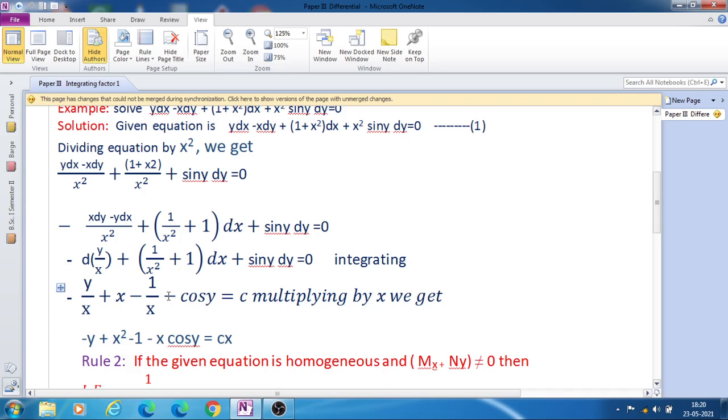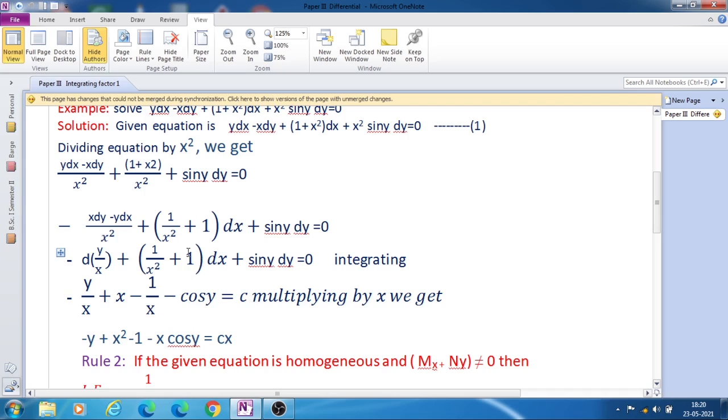So by dividing the equation by x square we get the exact equation. This equation is integrable, meaning it is an exact differential equation. We can solve it, we can integrate it. We divided by x square, that means multiplied by 1 upon x square, and therefore 1 upon x square is the integrating factor here.